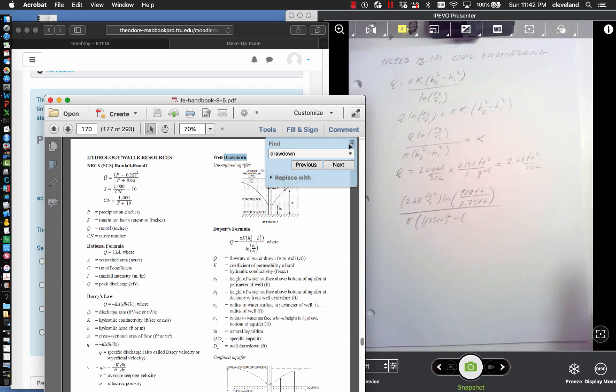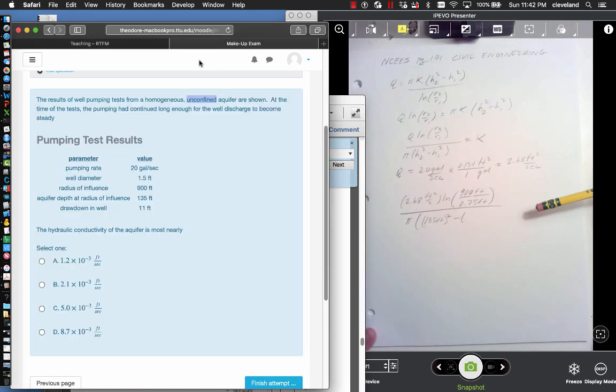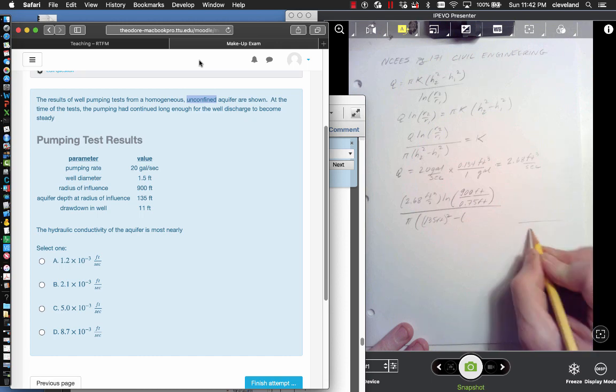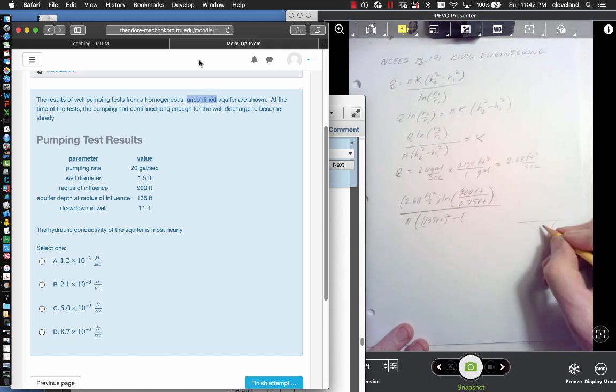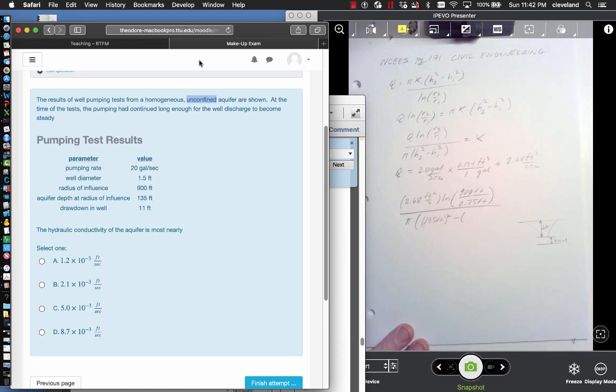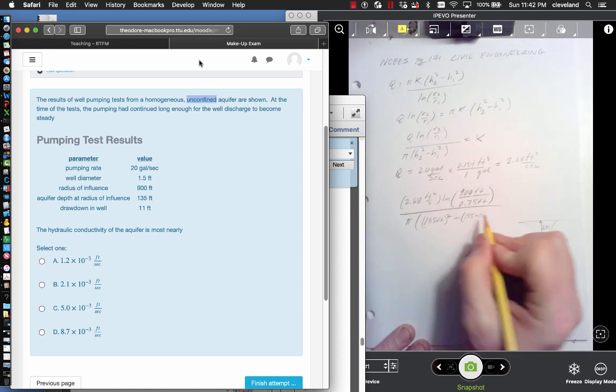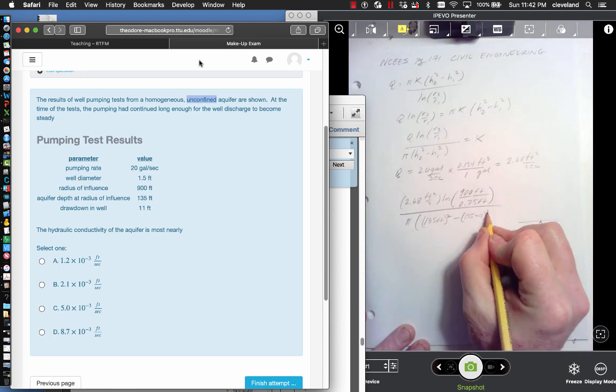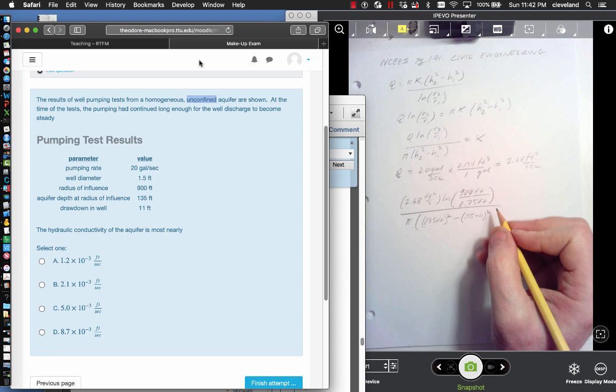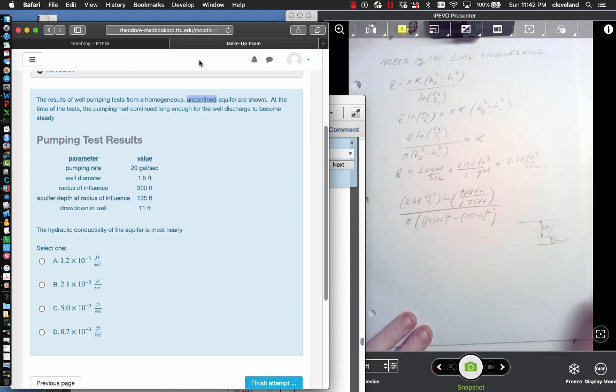Drawdown is this distance, and we want to know what the head is. So this is going to be 135 minus 11, squared, equals K.